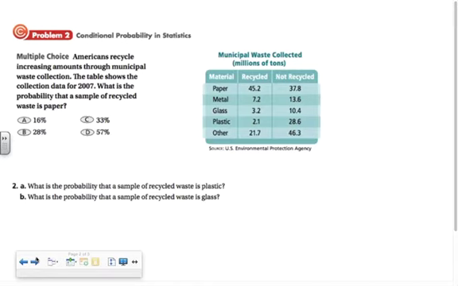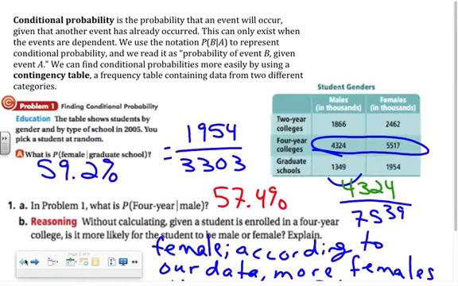Similar idea. Americans recycle increasing amounts through municipal waste collection. The table at the right shows the collection data for 2007. What is the probability that a sample of recycled waste is paper? So you want to make sure that you're reading the question carefully and figuring out what is the given and what is the first thing and what is the second thing.